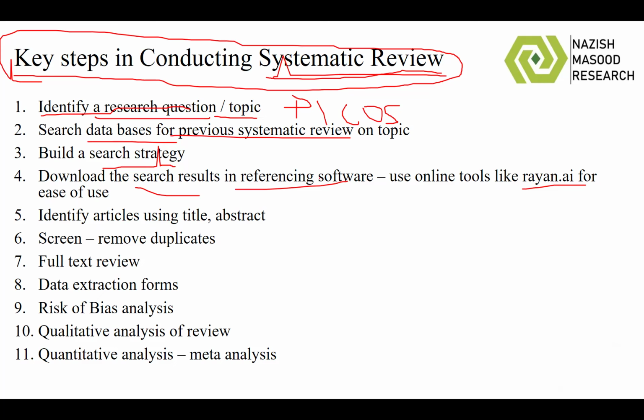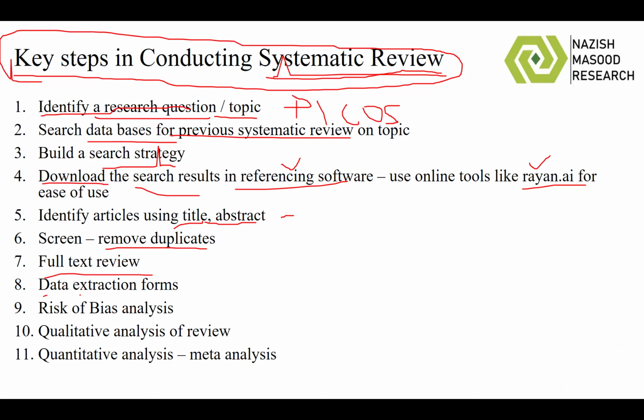And what you basically do, whether you use any referencing software or you use Ryan, once you have all the articles downloaded in a certain software, you look at the title and abstract and you screen out the articles, you remove the duplicates, and then you go for a full text review on the final articles that you select.